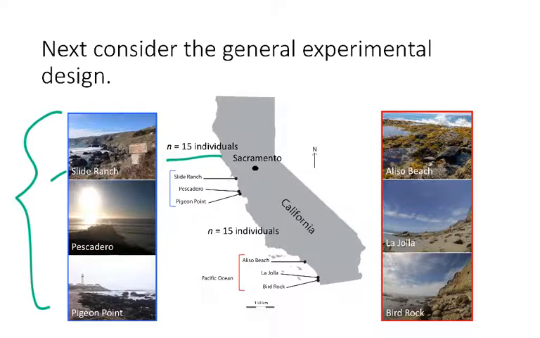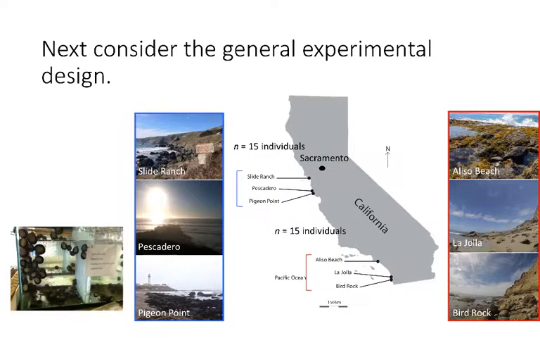And then think about, based on whatever you're proposing, do your organisms need to be brought back into the lab? If you're doing some kind of local adaptation, common garden approach, you might need to collect individuals from the field, bring them back into the lab. If so, what type of conditions are you going to keep them in the lab? All of these are things for you to think about.